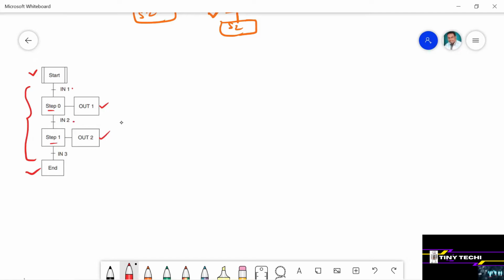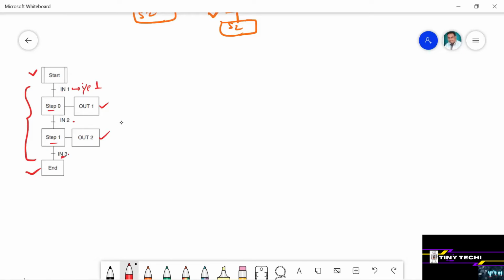There is no output linked to the transition condition input 3. It means that in case of step 0, when input 1 occurs, step 0 is triggered, so the output will be on.